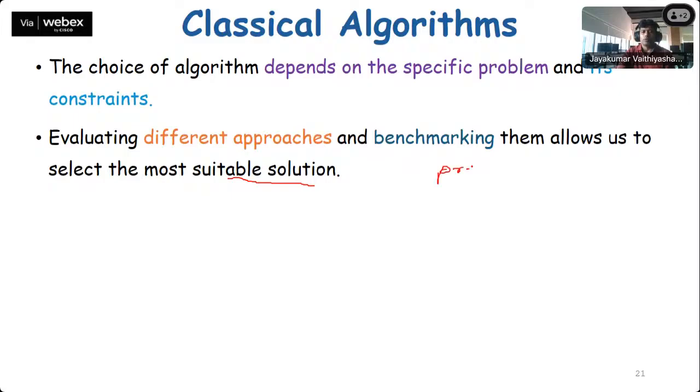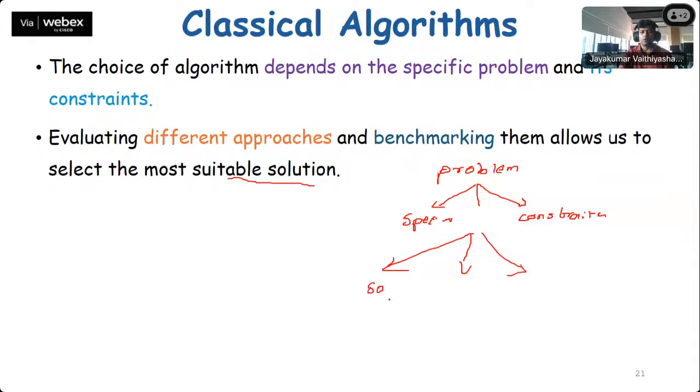A problem will contain so many specifications and so many constraints. You need to go through all this stuff, and it will give multiple solutions: solution 1, solution 2, and solution 3, multiple ways to solve that problem.